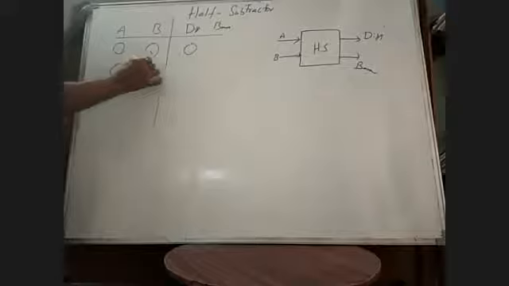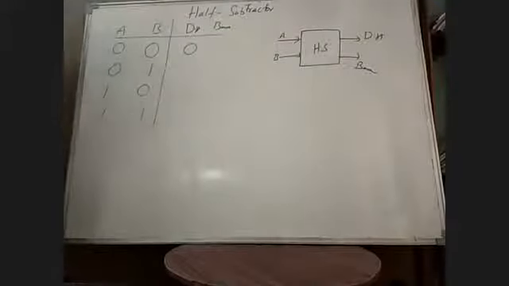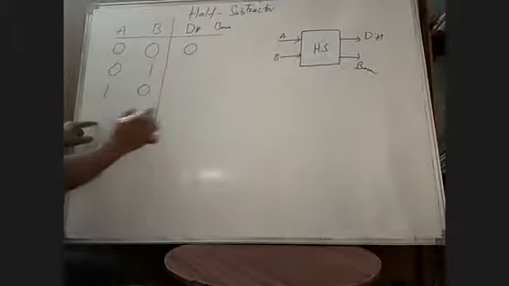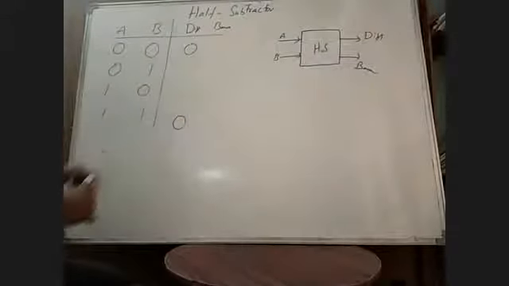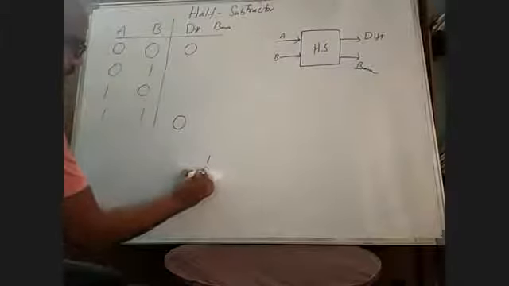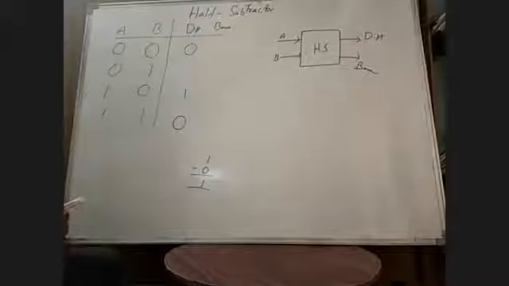Similarly, A0 B1, A1 B0, A1 B1. We will check the conditions. 0 minus 0 is 0. 1 minus 1, the difference is 0. Similarly, 1 minus 0, the difference is 1.